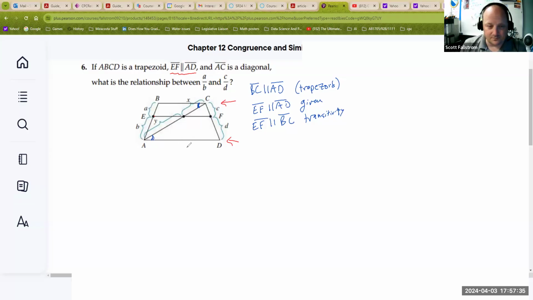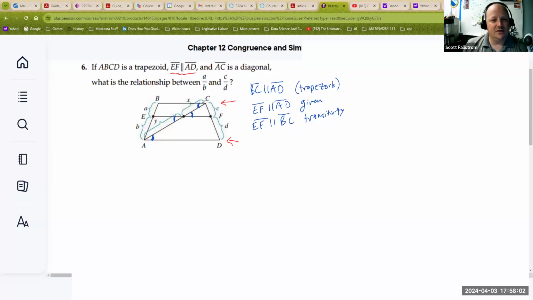It has to be, and that's because the lines are parallel. And what else would be congruent? EF is parallel, so this angle right in here is the same as those, and it's the same as this one right in here. Okay, and let's see, what else do we have? That looks like about it.